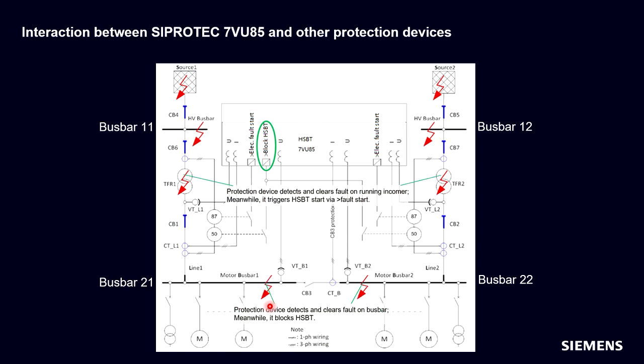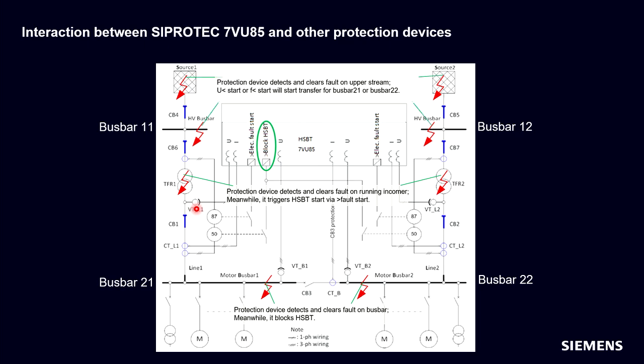and after clearing the fault, the device or the functionality needs to reset. When we have a fault on the upstream or downstream infeeds, maybe on the transformer, then we detect this. We can use that as trigger for the fault start, and we can also use the tripping signal from the transformer protection to initiate a transfer.